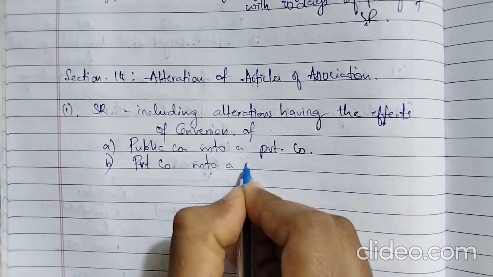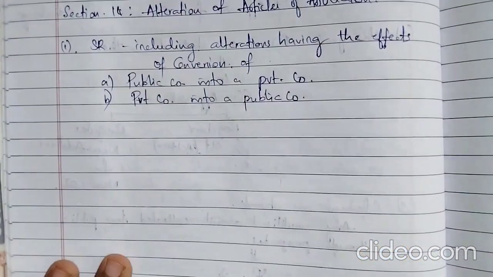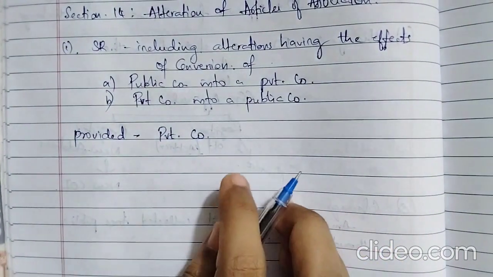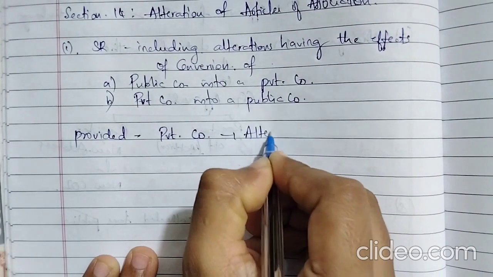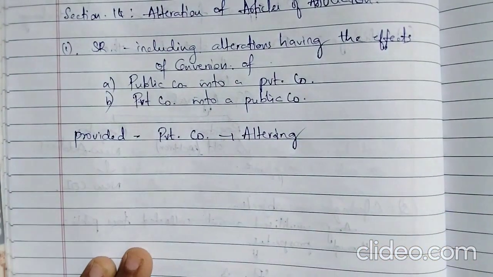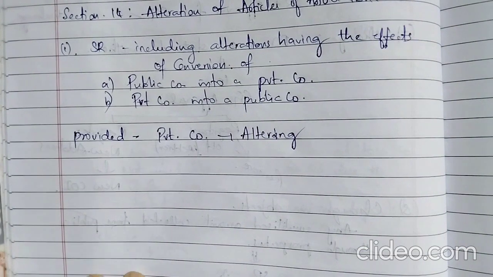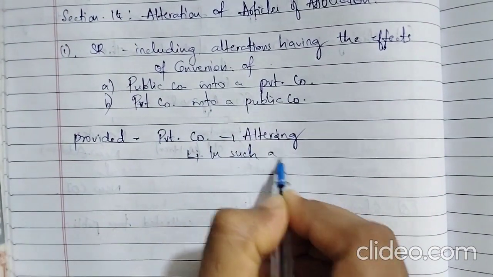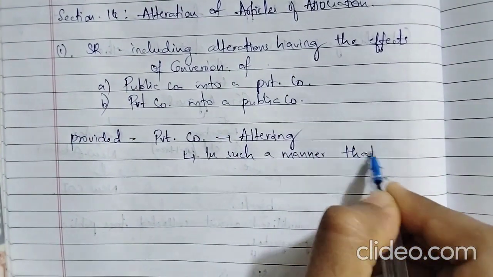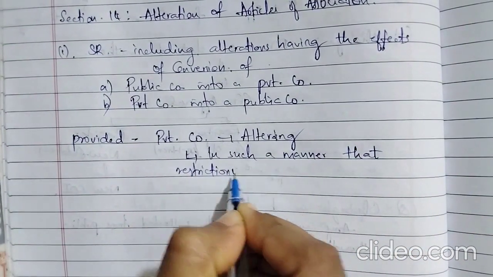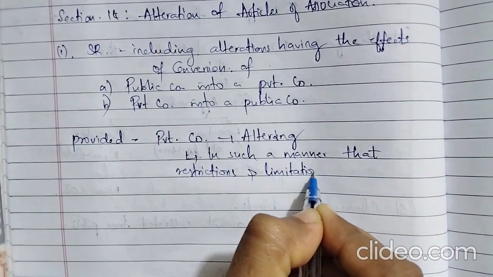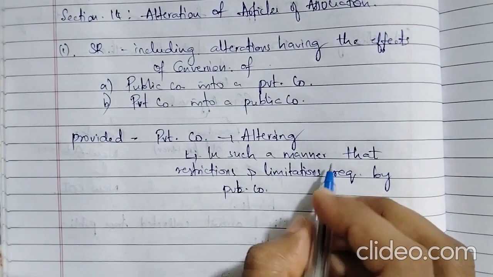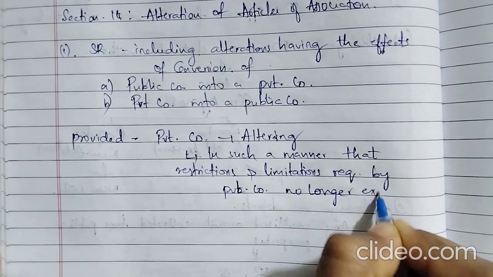Provided, you have to follow this: when a private company is altering its articles, when it is converting into a public company, it should alter in such a manner that the restrictions and limitations that are required for a private company no longer exist.